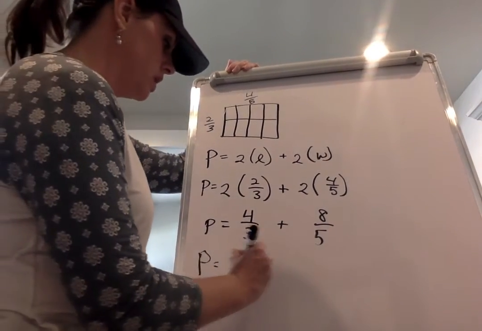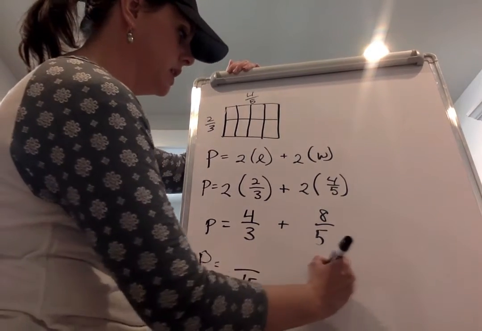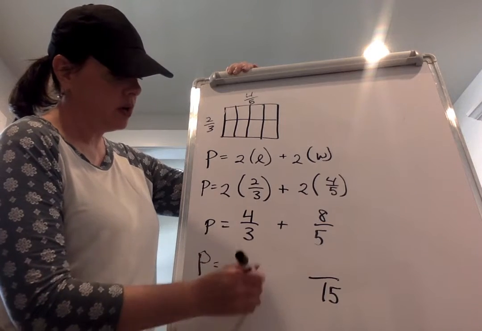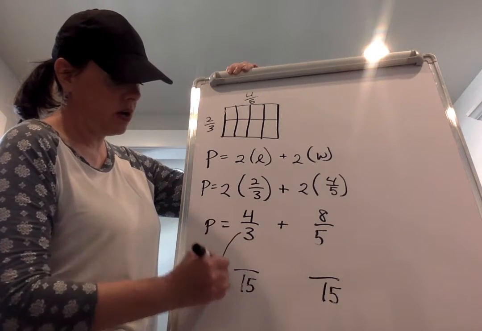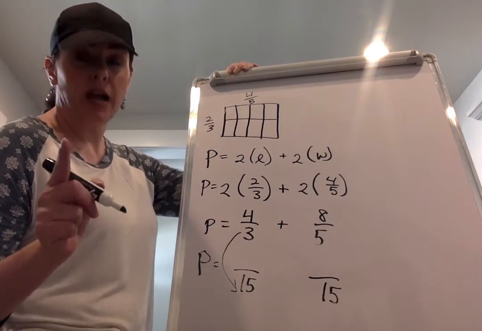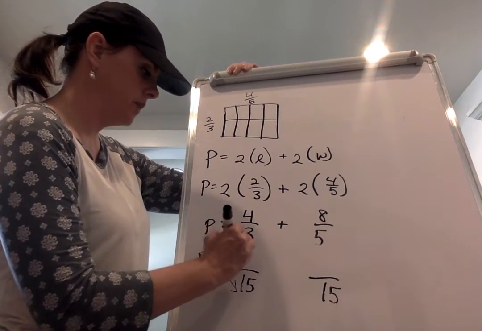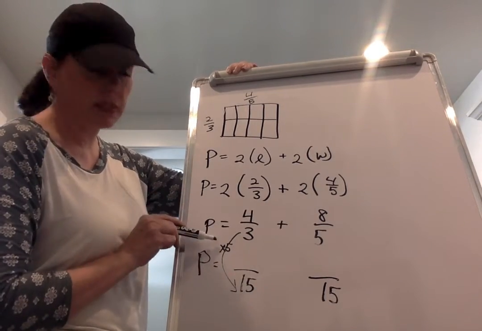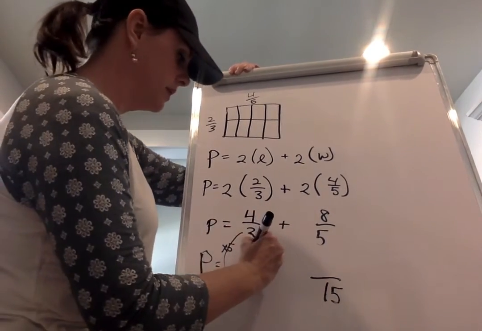So our common denominator is going to be 15. No problem. Okay, so we went from 3 to 15 by timesing by 5, right? 3 times 5 is 15, so let's do the same to the top. 4 times 5 is 20.